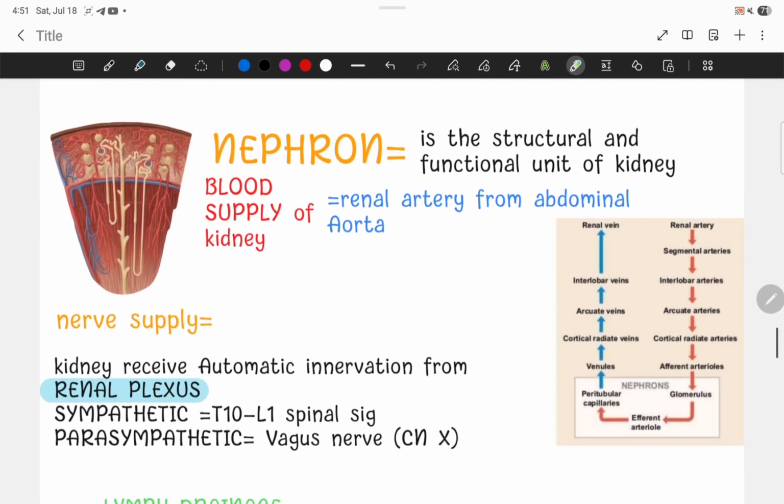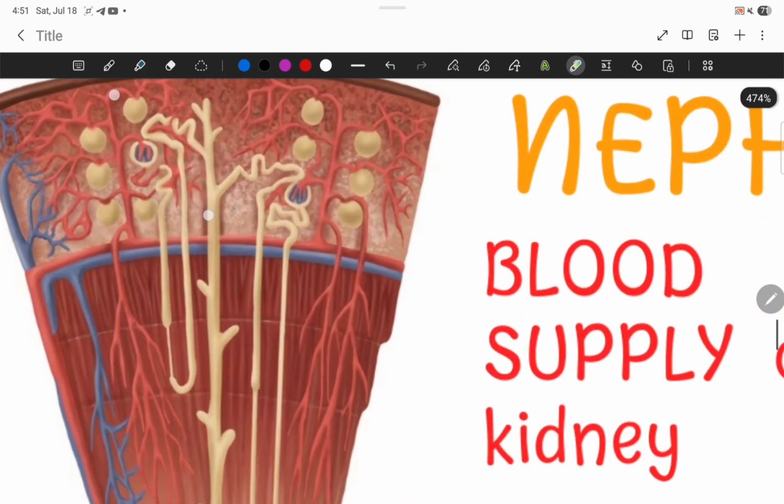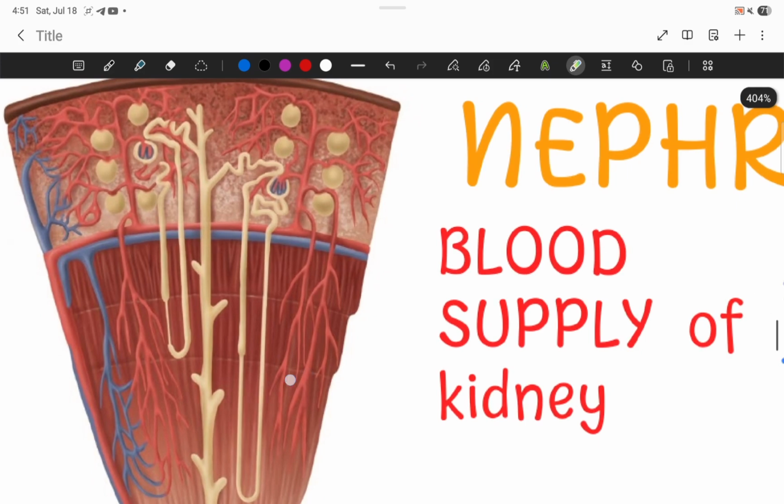So we talk about the nephron. The nephron is the structural and functional unit of the kidney. You see it in the pyramid. We have more than 1 million nephrons in each kidney.